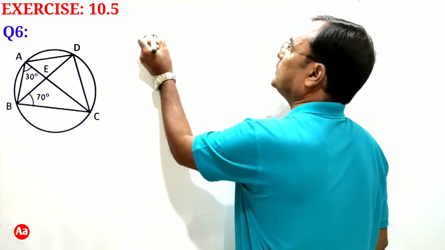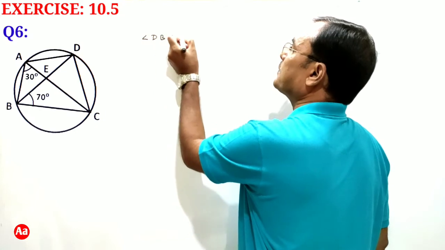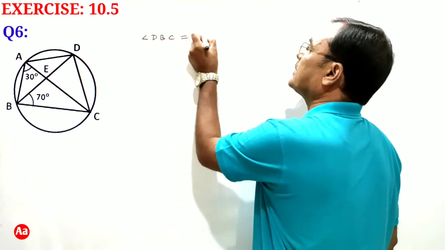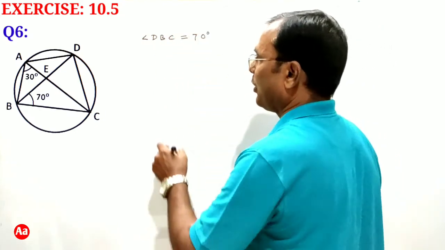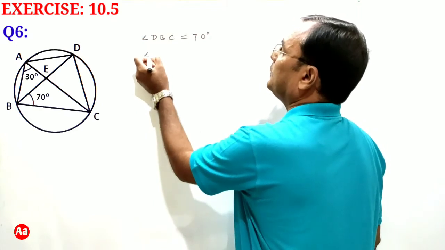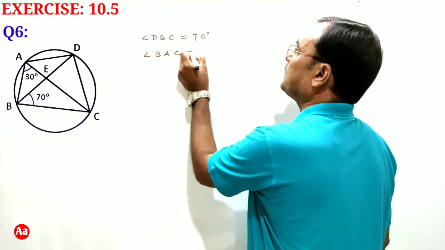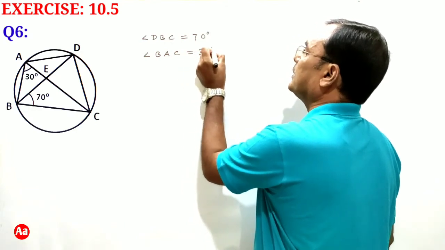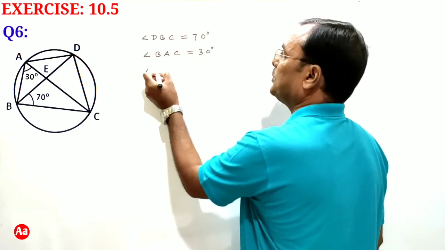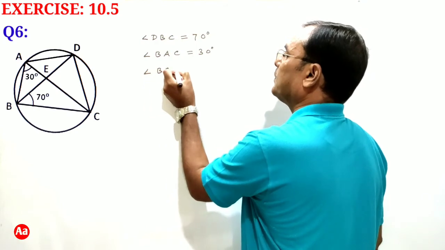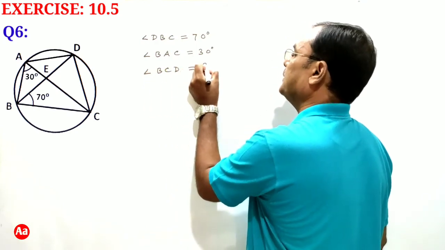Angle DBC is given 70 degrees and angle BAC is given 30 degrees. We have to find angle BCD.